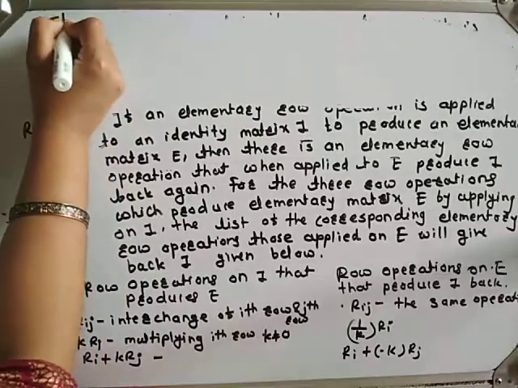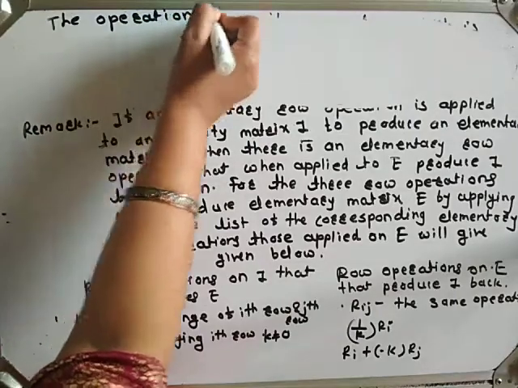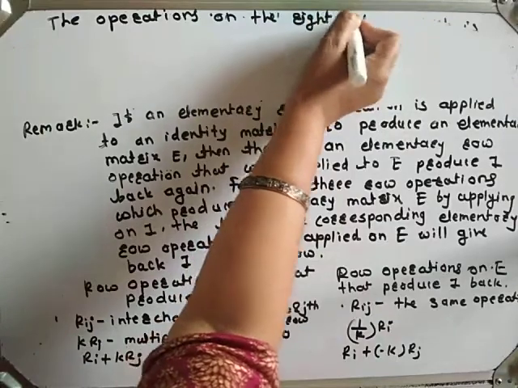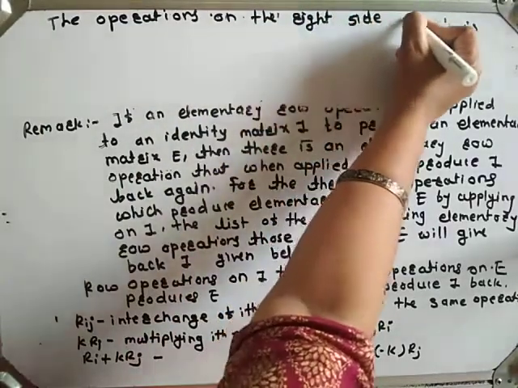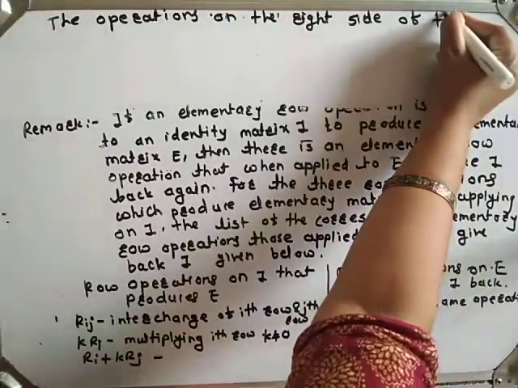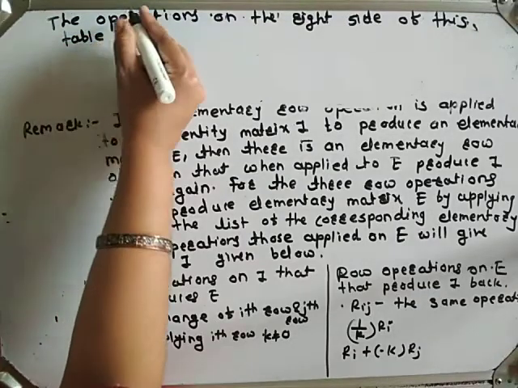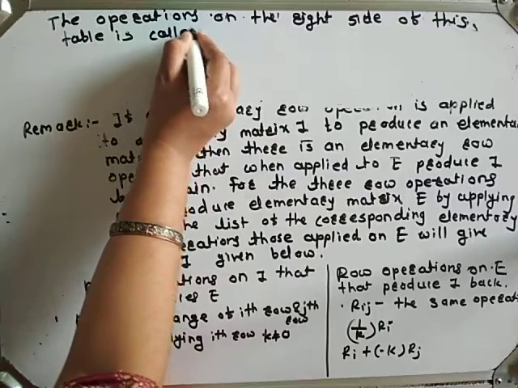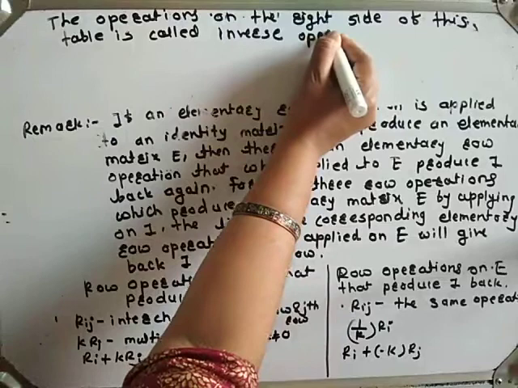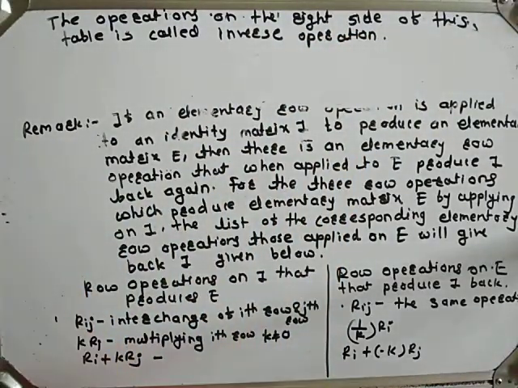The operations on the right side of the table are called inverse operations. We will see examples on this remark.